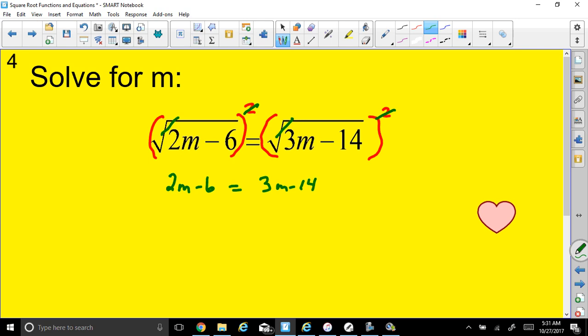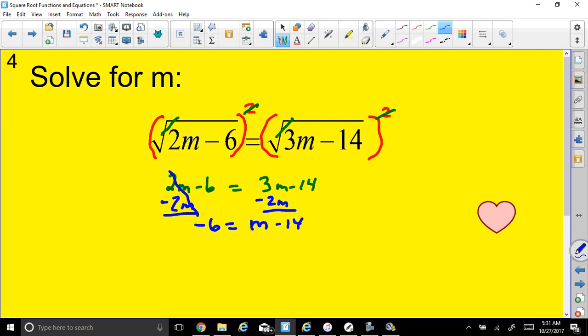So we have an equation with variables on both sides of the equal sign. So we'll subtract 2m from this side, and 2m from this side. The 2m's will cancel out, leaving us with minus 6 equals 1 little m minus 14.